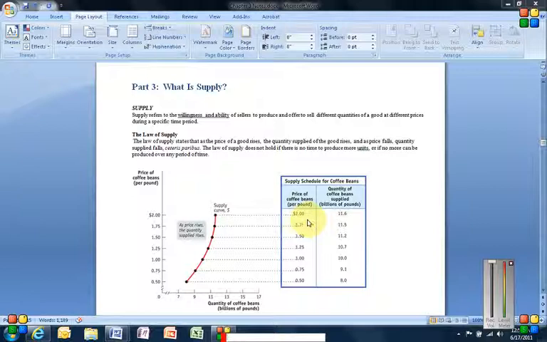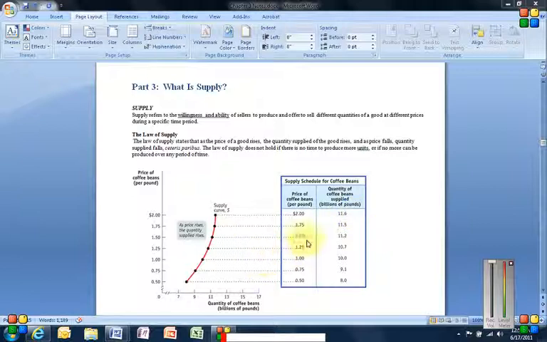A supply schedule shows a collection of pairs of information, including the price that could prevail in the marketplace, where people could sell coffee beans, using this example, and the quantity of coffee beans they would be, as sellers, willing and able to supply at that price. In this example, at $2, the sellers of coffee beans in the coffee bean market would be willing and able to supply 11.6 billion pounds worth of coffee beans.